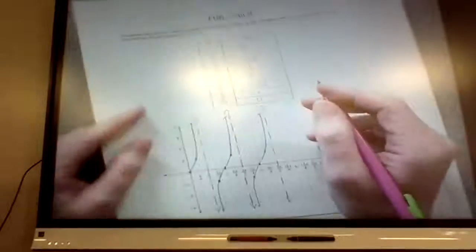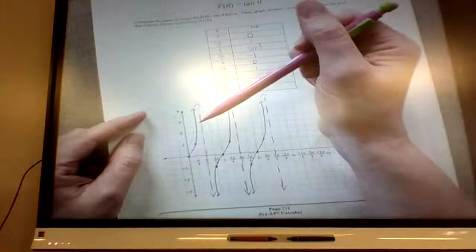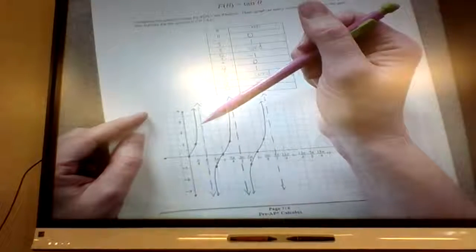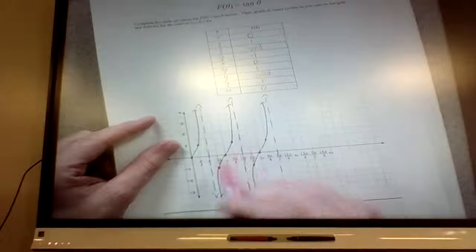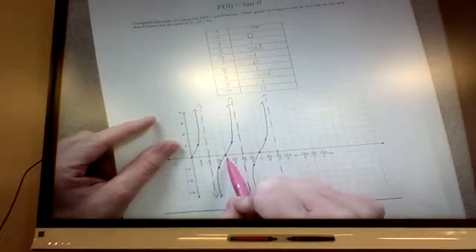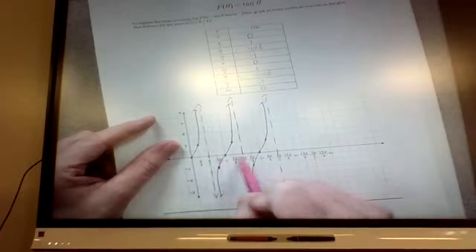I think we talked about this yesterday and we said it was pi over 2n, but I think it's actually different, because pi over 2 is where the first one starts, but this is pi over 2 again, and this is pi away.